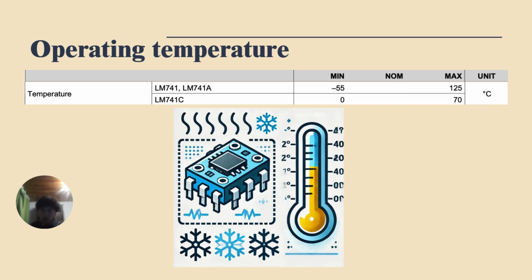If an op-amp is used in extreme environments without proper thermal management, it may exhibit performance degradation, unexpected behavior, and or even failure. Selecting an op-amp with a suitable temperature rating ensures stability in demanding applications such as industrial, automotive, and aerospace systems.